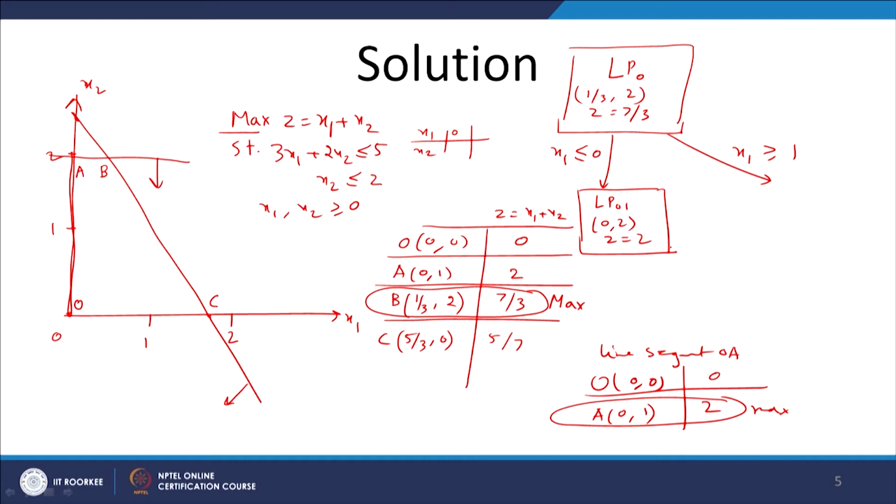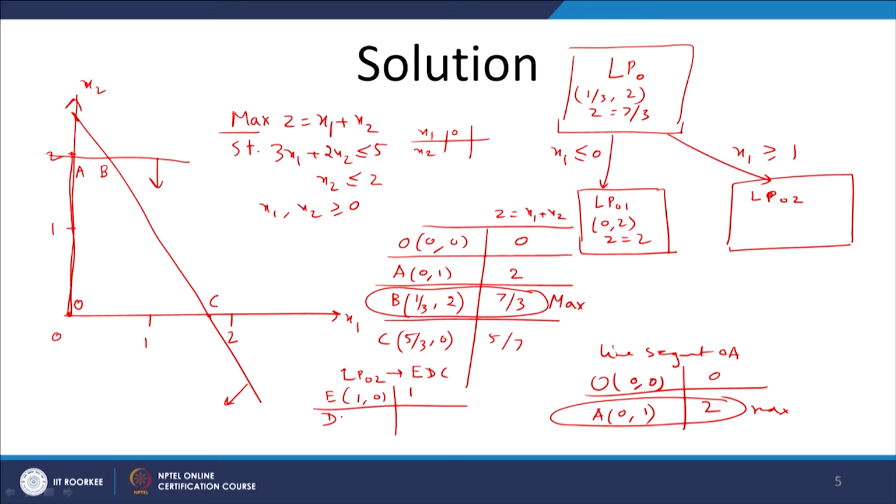Similarly, we will solve the other constraint, which is LP02. Now, LP02 has the feasible region as EDC. The value of E is 1, 0, which gives us 1.